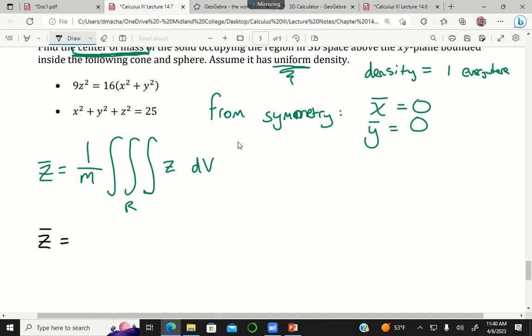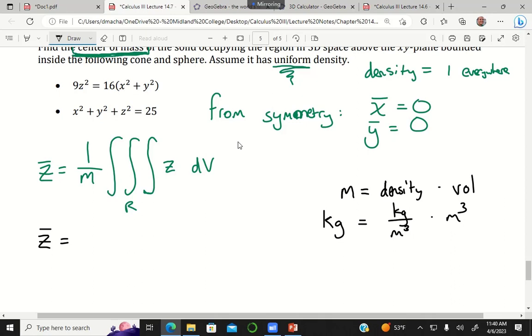Since my density is 1 everywhere, that means my mass is just going to be equal to my volume, right? Mass is basically equal to density times volume. And if you don't believe me, we normally think of mass in kilograms, if you're European anyways. So density would be kilograms per cubic meter, and volume would be in cubic meters, right? So this checks out with my dimensions. As long as the density is uniform, you can do that.